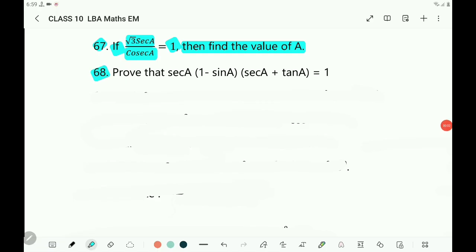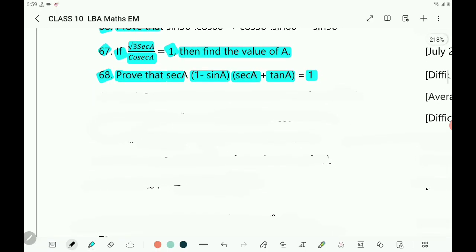Question number 68. Prove that secant A into 1 minus sin A into secant A plus tan A is equals to 1. Now you start from the LHS.